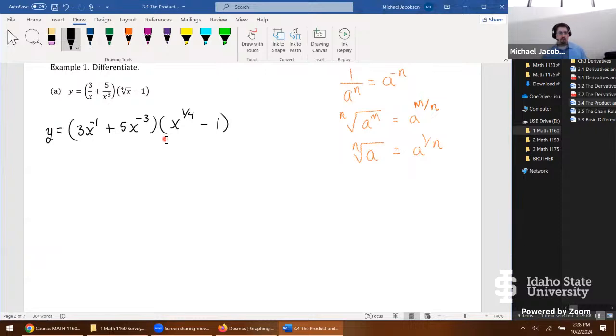Okay, now seeing how this function ended up, we would call this one a problem where the product rule is not needed. The reason for that is if we expand this out by FOILing, we'll take 3x to the -1 multiplied by x to the 1/4th, but we can combine those x's into just one x, 3 times x to the sum of the powers.